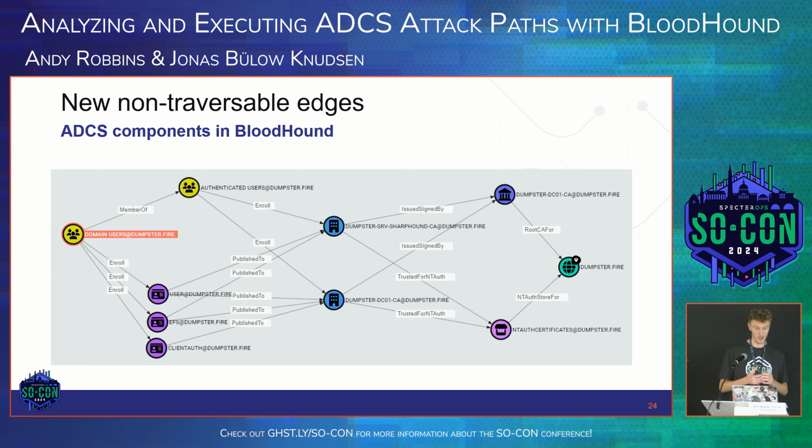So that all means that domain users can enroll in these certificate templates here, and they will be trusted in the environment because the enterprise CAs chain up to a trusted root CA for the environment. And if these certificate templates here allow for authentication, then they'll be accepted by the environment because the enterprise CAs are also trusted for NT authentication.